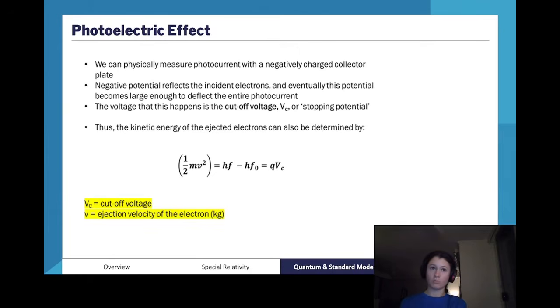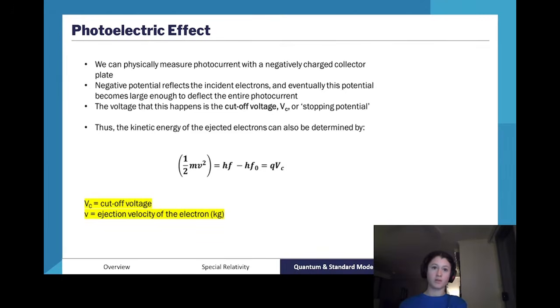The negative potential actually reflects the incident electrons, and eventually this potential becomes large enough to deflect the entire photocurrent, right? The voltage at which this happens is called the cutoff voltage or the stopping potential.